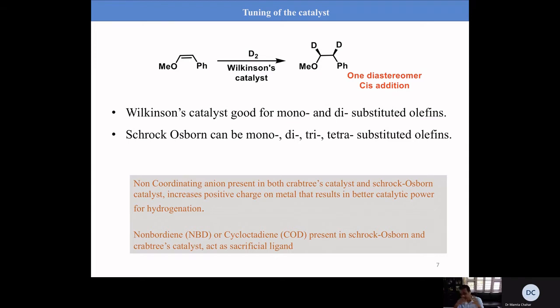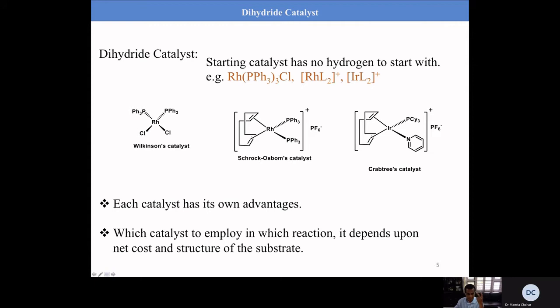But when you have a bulky or substituted olefin, then the problem happens: you don't see any product formation at all, zero, because the olefin cannot usually bind with the metal center. This is where the Stryker-Osborn catalyst and Crabtree catalyst come into the picture, because their coordination number is 2 only. Although it starts with 4, it loses those 2 olefin coordinations.